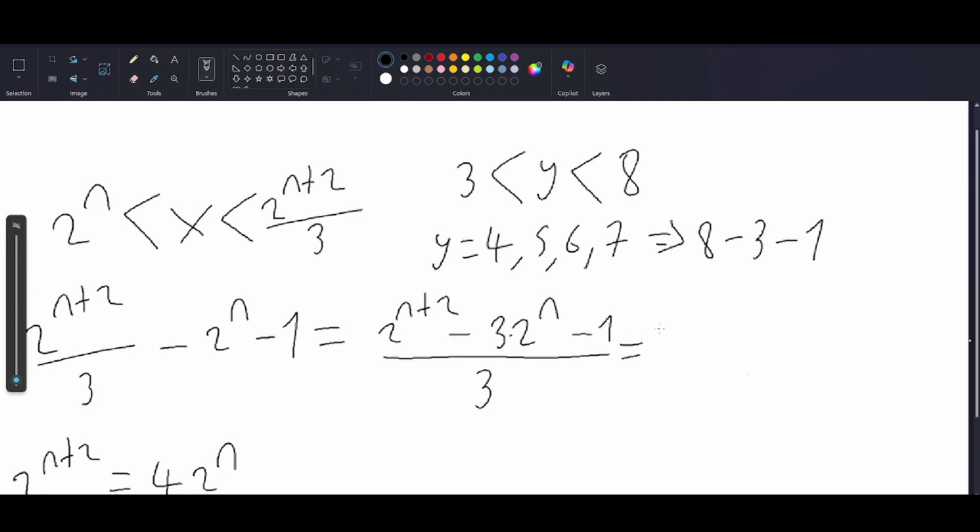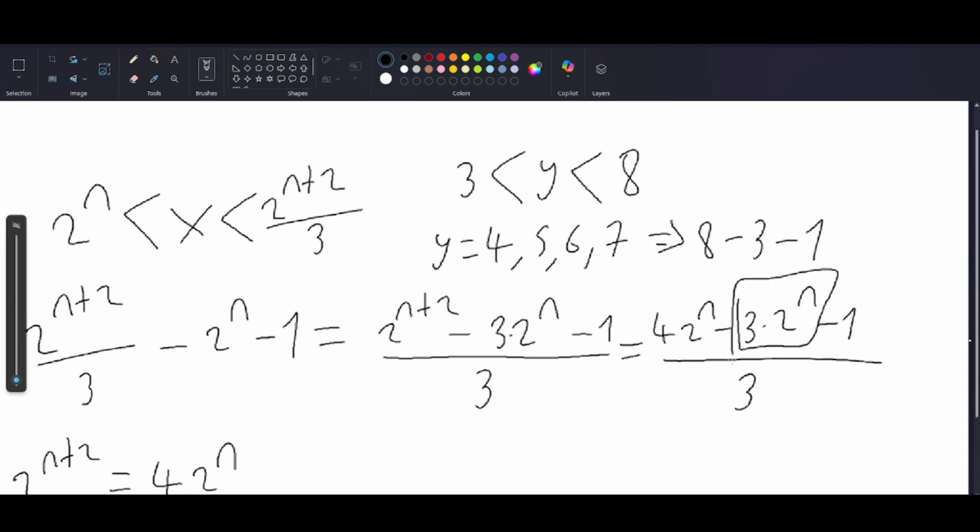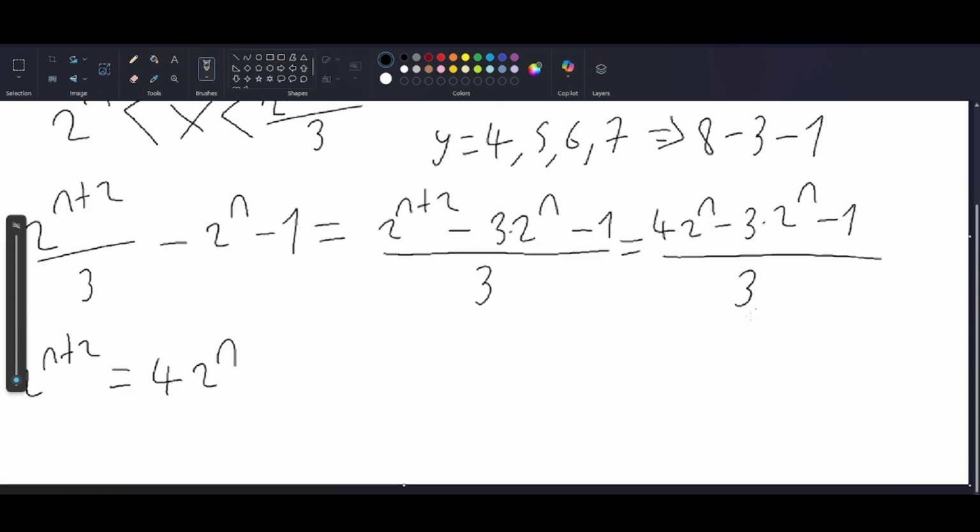So we can say 4 times 2 to the n minus 3 multiplied by 2 to the n, minus 1, divided by 3. We have 4 times 2 to the n. We have 3 times 2 to the n. We subtract them. So we get this thing equals 2 to the n minus 1 over 3. Interesting, right?